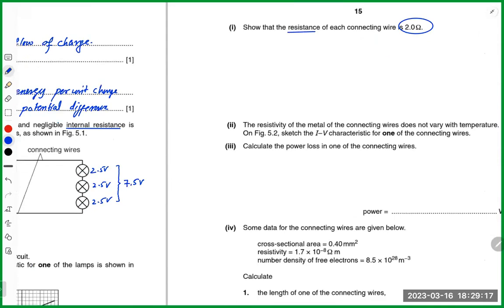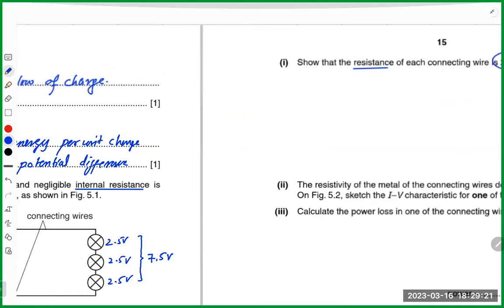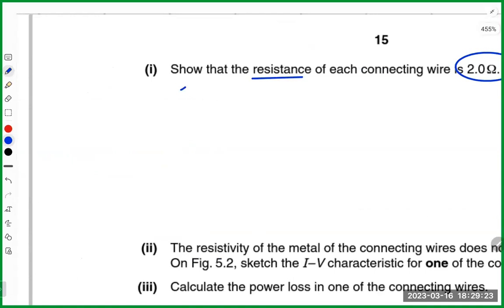So if I know potential difference and I know current for each wire, potential difference is 0.60 volt.